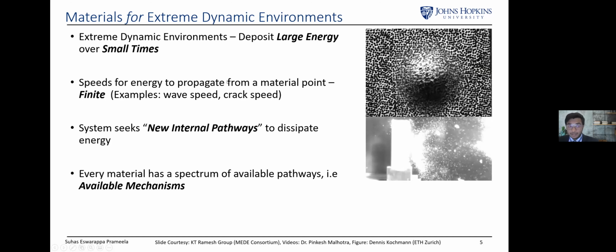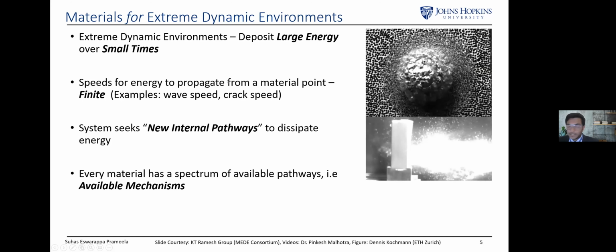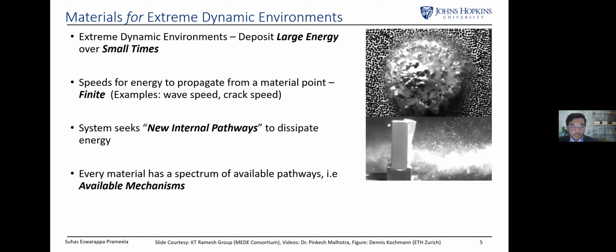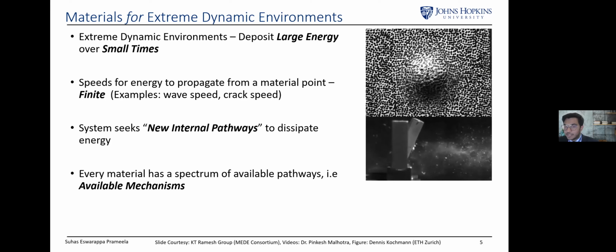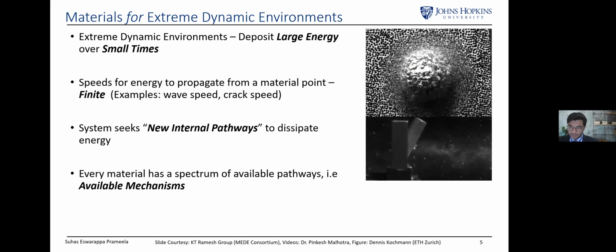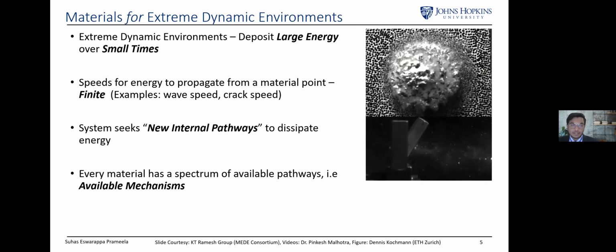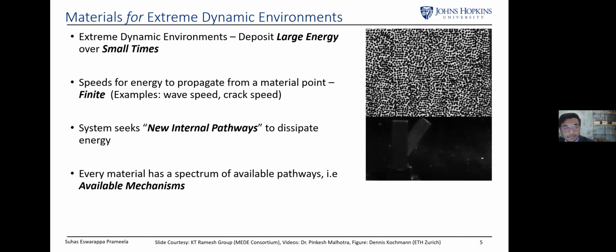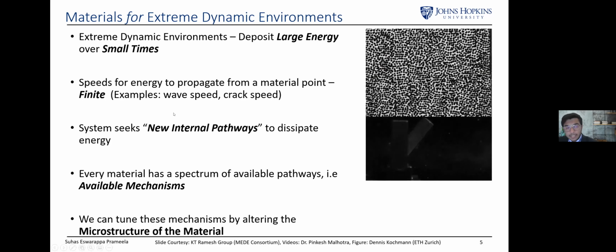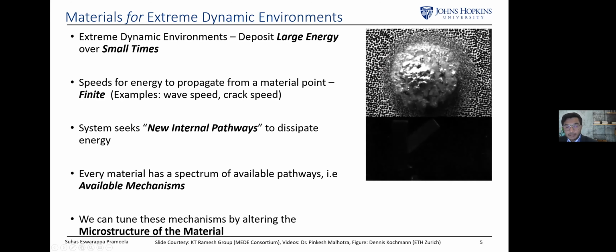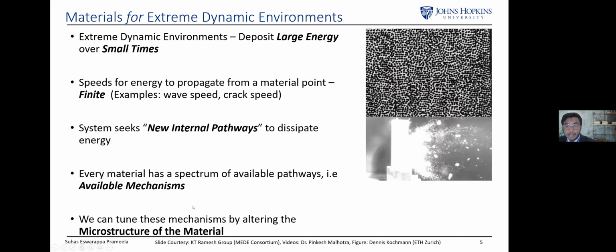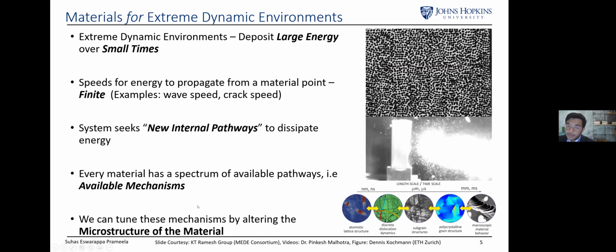Every material has a spectrum of available pathways, what I call available mechanisms. For example, a ceramic plate versus a metallic plate, or maybe some kind of a composite, they're all going to have different sets of mechanisms through which they dissipate this energy. But through material science, we can control the microstructure of the materials in the hope that we can tune these mechanisms, and ultimately control the performance of materials.